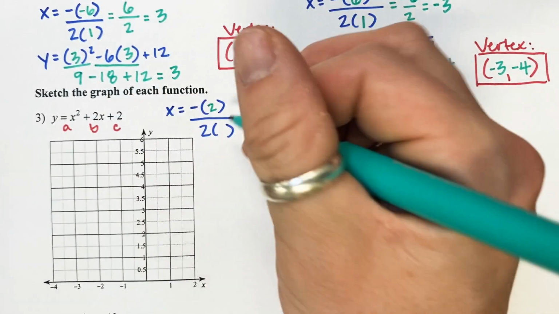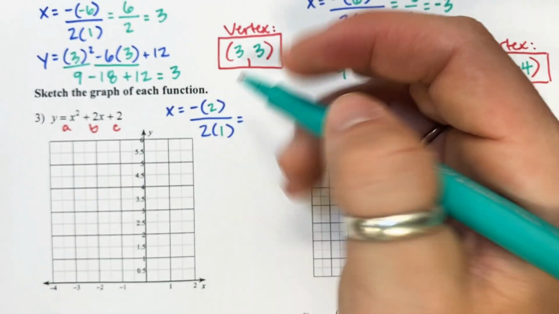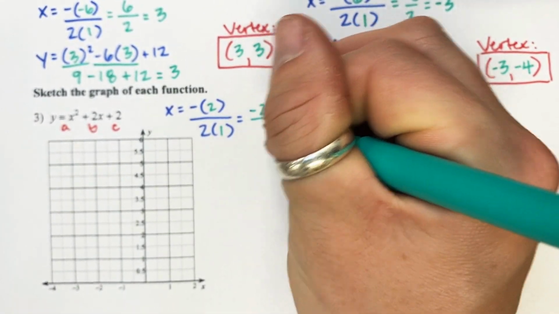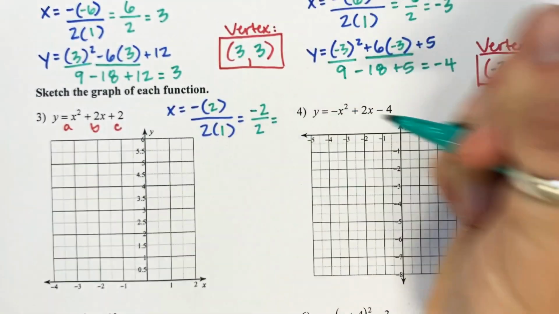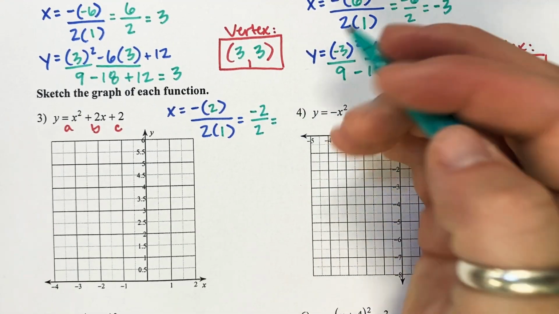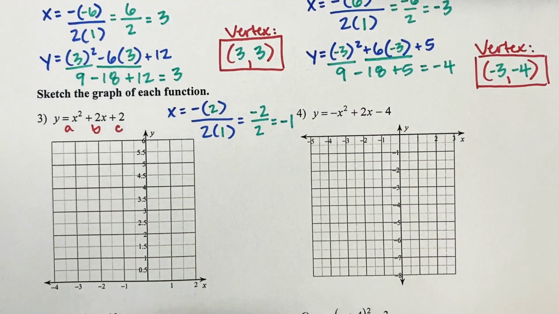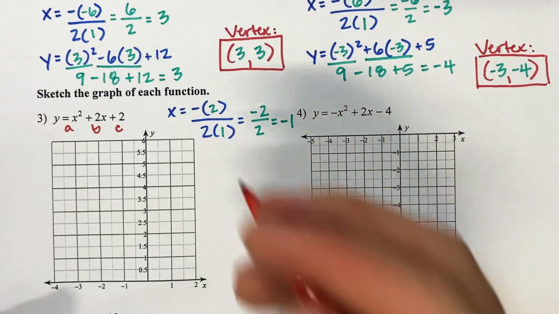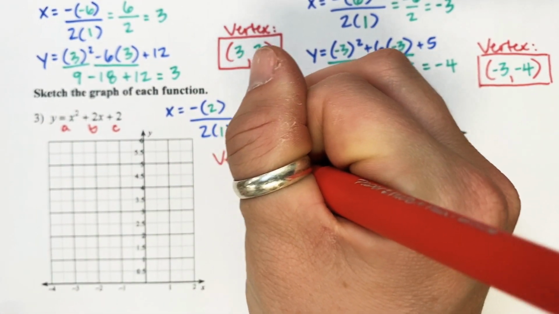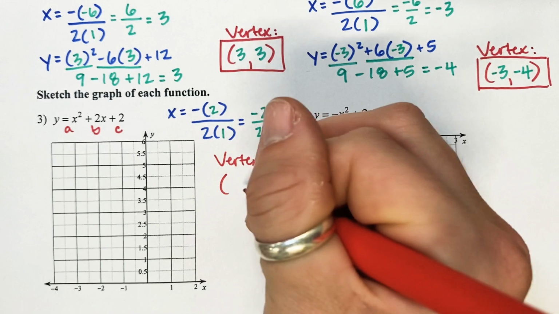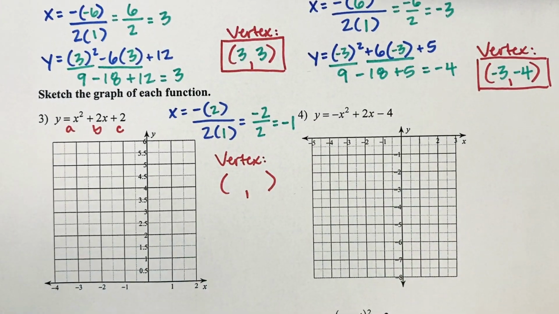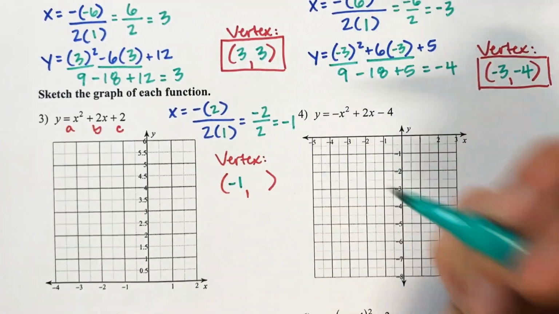A goes on bottom. My a is 1. So I get negative 2 on top divided by 2 on bottom. Negative 2 divided by a positive 2 gives me negative 1. So for number 3, the x part of my vertex is negative 1.